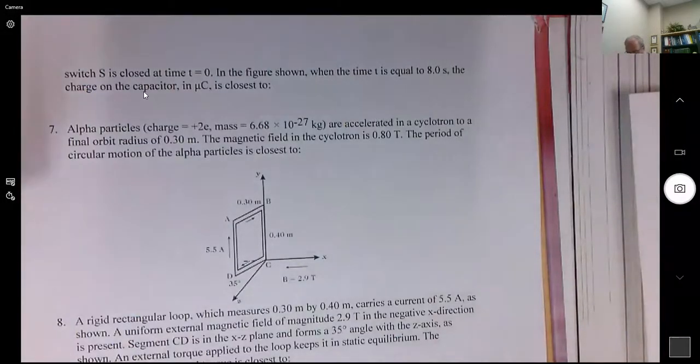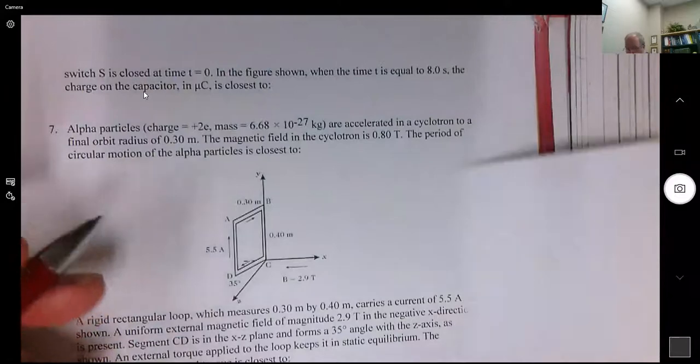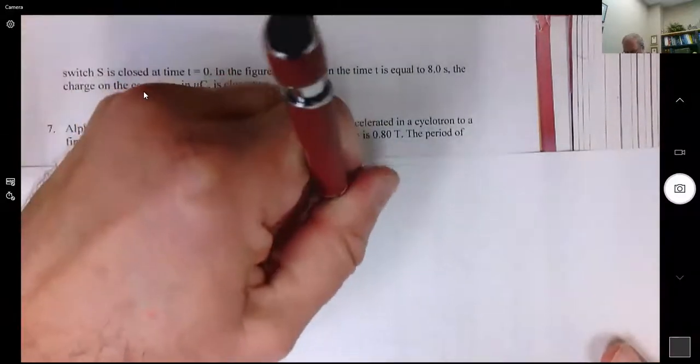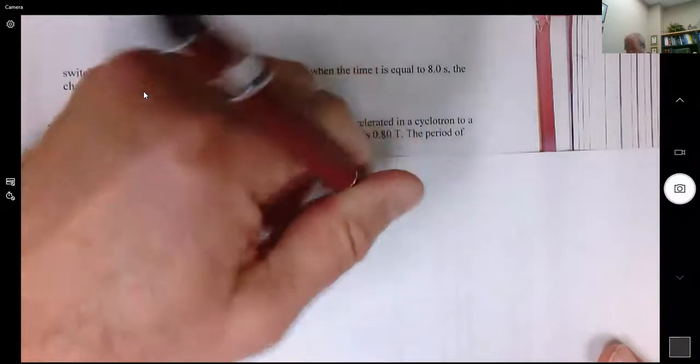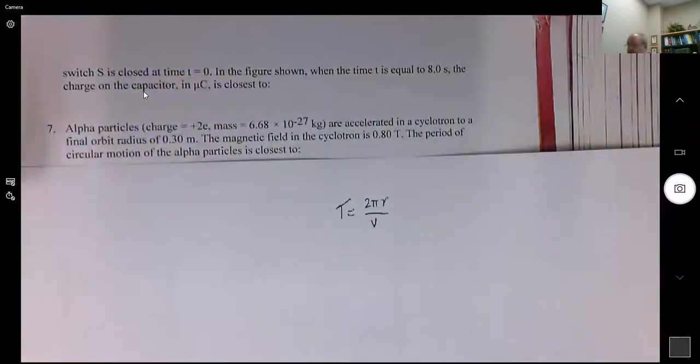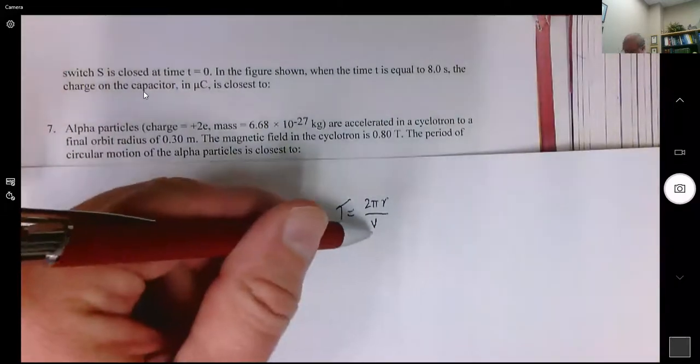Okay, so it turns out that in this particular problem, the period is 2 times the radius divided by the velocity. But we know the radius already. All we have to do to calculate the period T is to get the velocity.